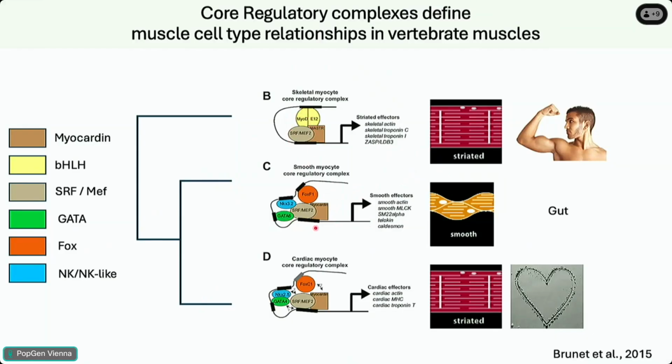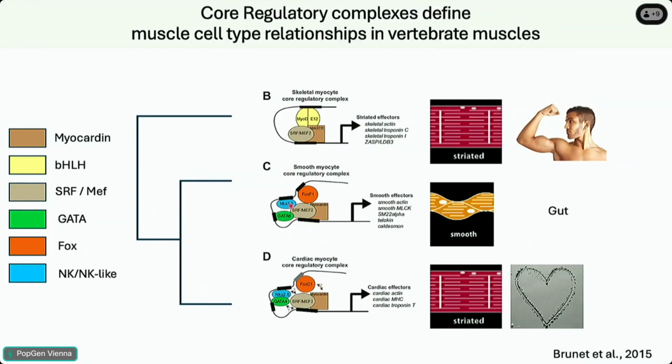While the smooth muscle myocyte and the cardiac myocyte share a great deal of these transcription factors, suggesting that they may actually have the same ontogenetic origin.